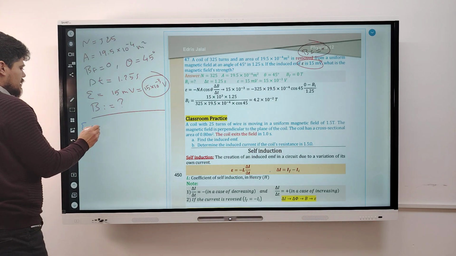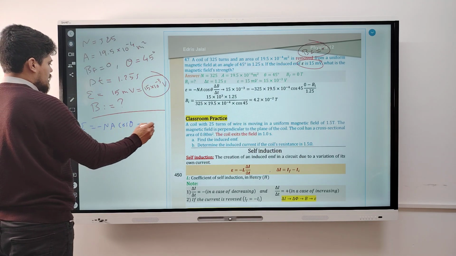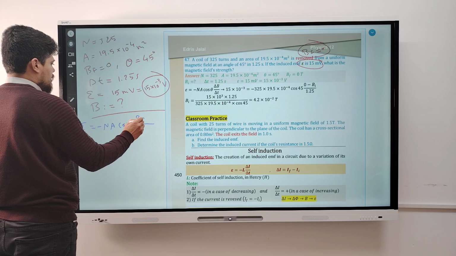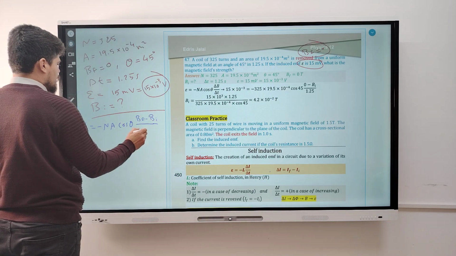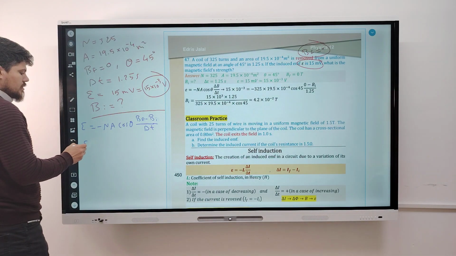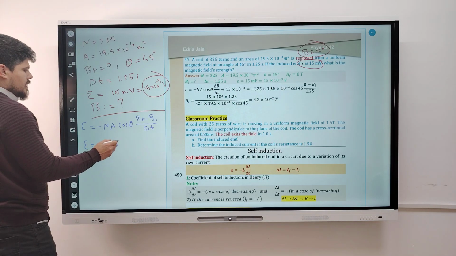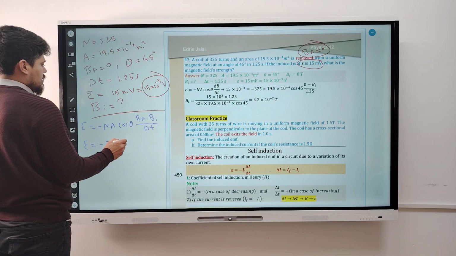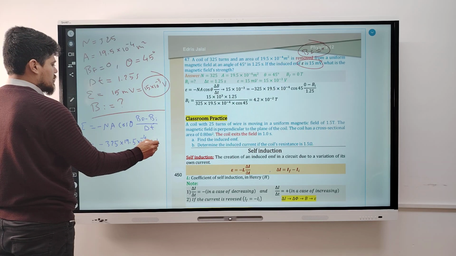E is equal to negative N A cosine theta, B final minus B initial, over delta T. So as you know, B final is 0 here. It becomes negative 325 times area 19.5 times 10 power negative 4, cosine 45.